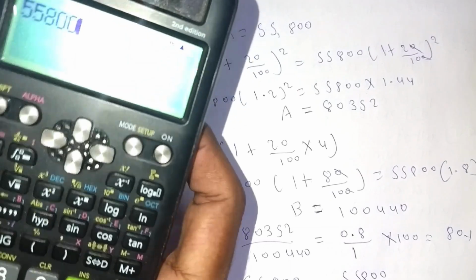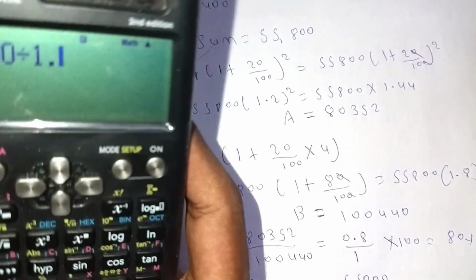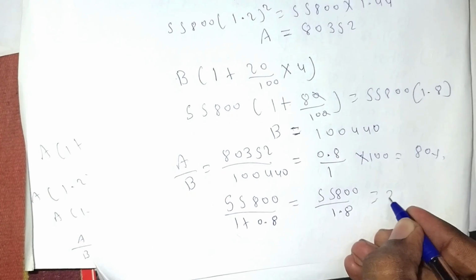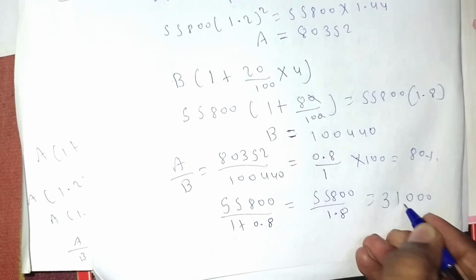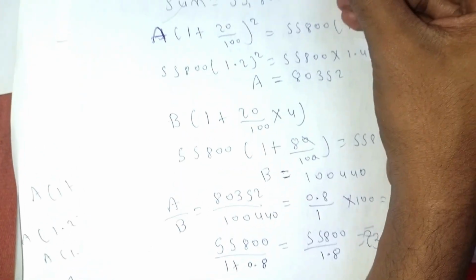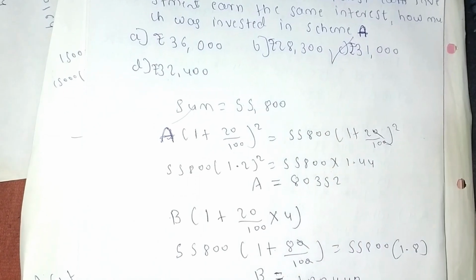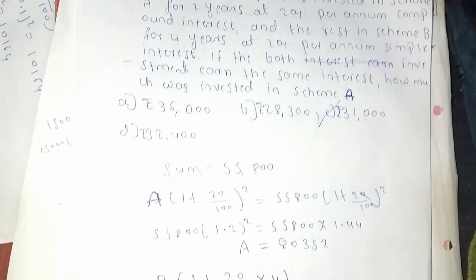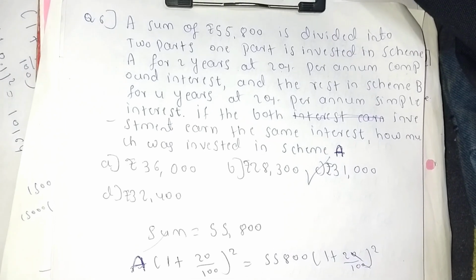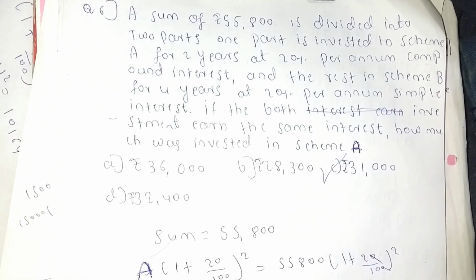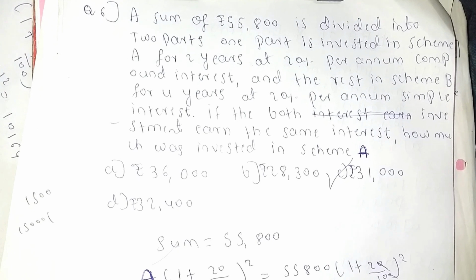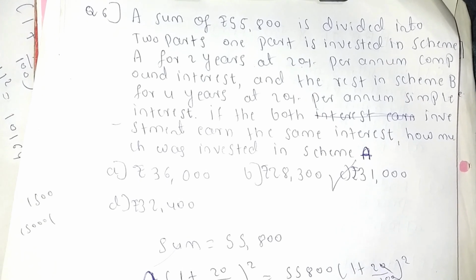That is 55,800 divided by 1.8. Let's check here: 55,800 divided by 1.8 is 31,000 rupees. So the answer is option C.